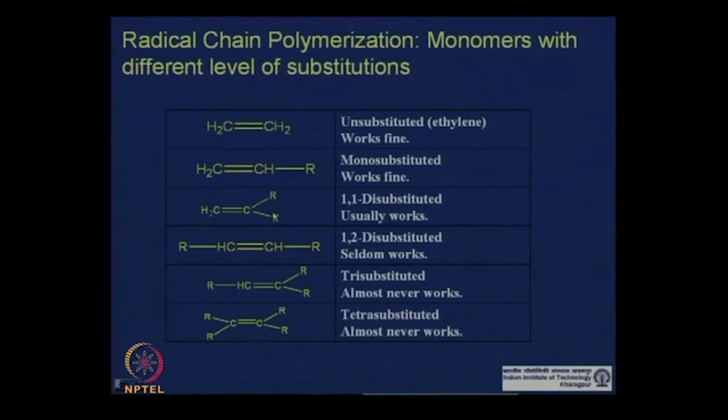If they are very bulky, then because of steric reasons they do not work. And if from here you go for more and more substitution, the reactions become more and more difficult. Tri substituted and tetra substituted almost never work in a radical polymerization.